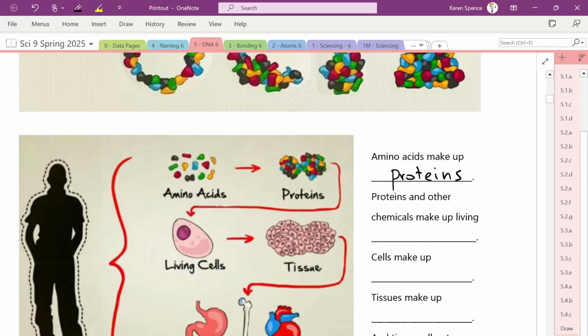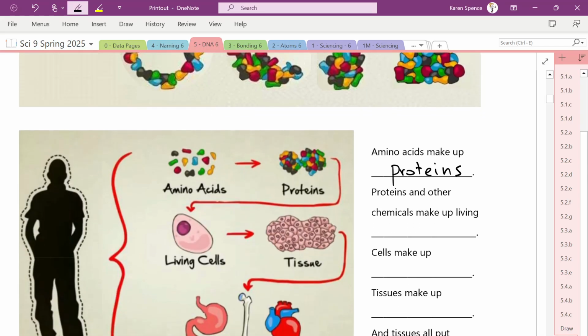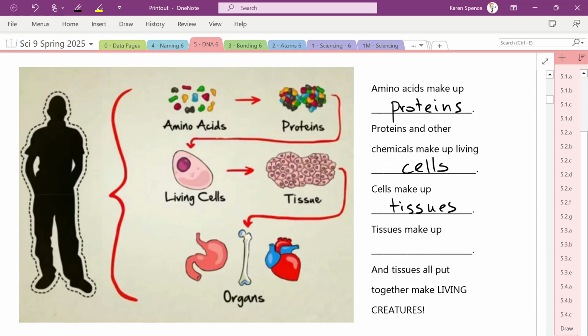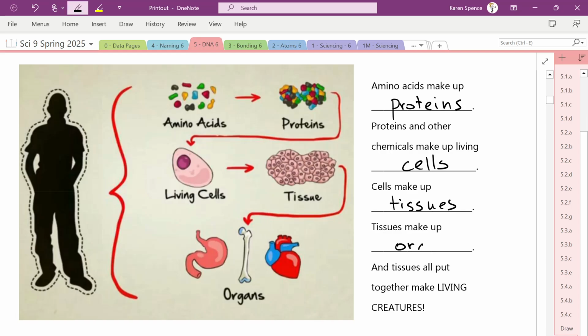Proteins and other chemicals make up living cells. Cells make up tissues. Tissues make up organs.